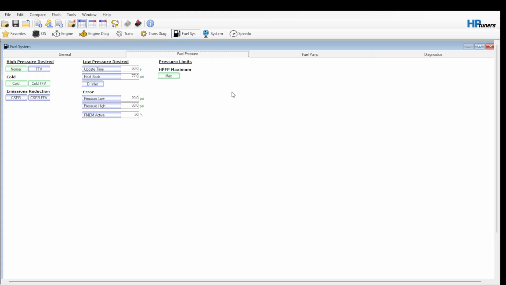But the moral of the story here is I have the same high pressure fuel pump. Hell, I have the same water pump that the truck came from the factory with 11 years ago now. And I'm running E85 on 18 pounds of boost doing stock levels of air through the turbo, right? So I'm making roughly 405, 410 horse on E85.